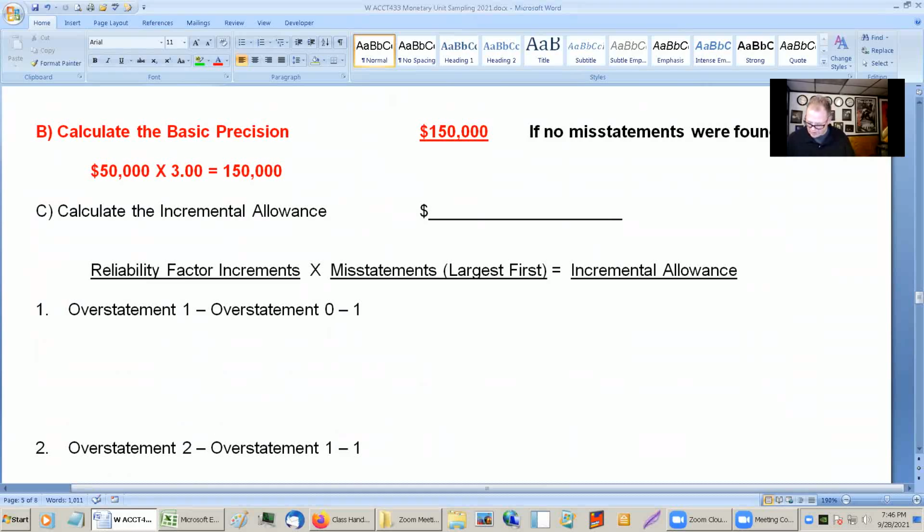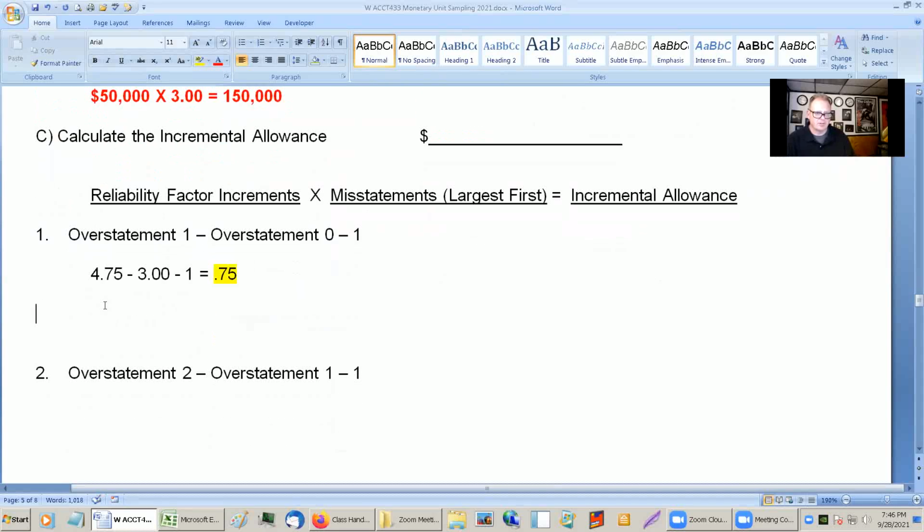The first one was 4.75 minus 4 equals 0.75. This is kind of what we just did. And I'll show you what we're going to do with these in a second. I'm just going to put these in.